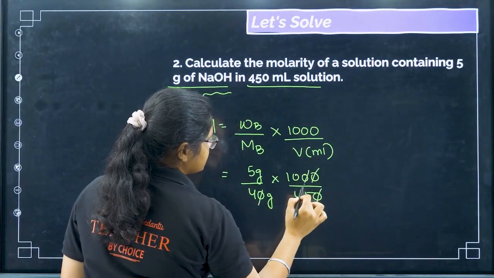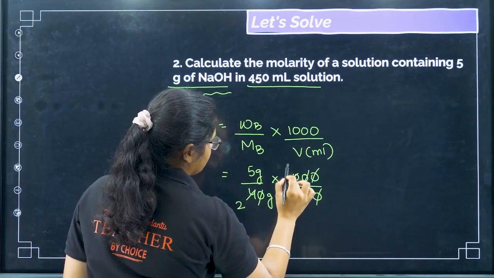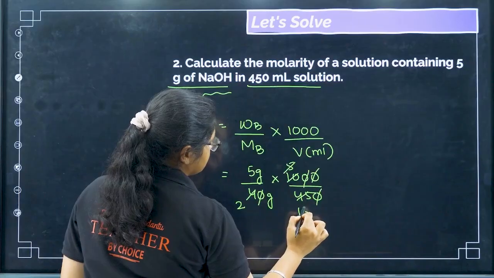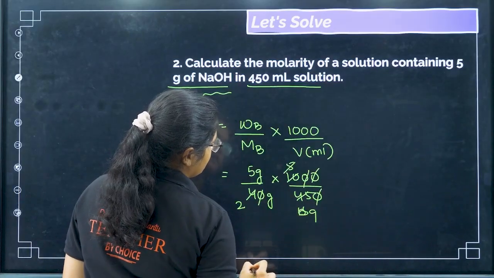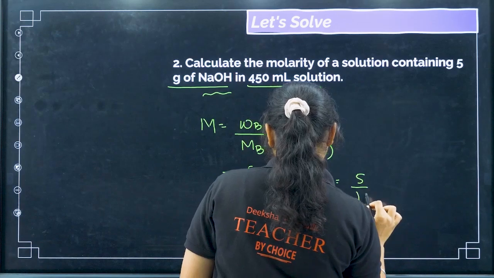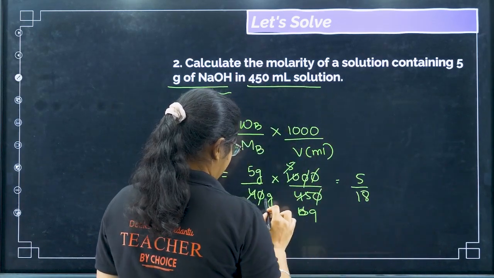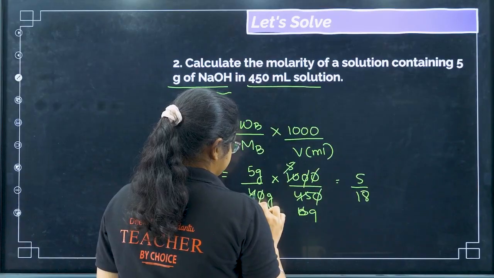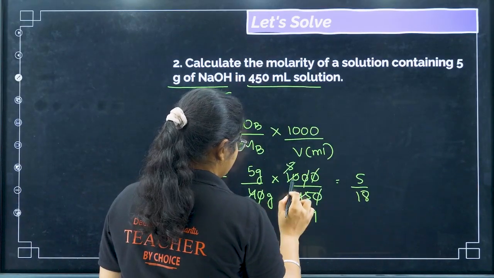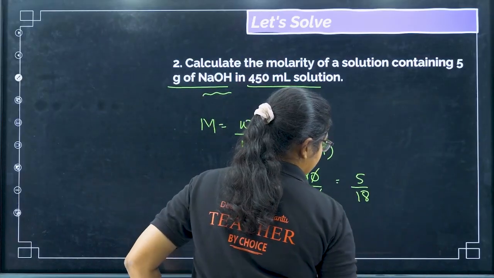We can cancel this. 2 2s are 2, 2 5s are 10, 5 1s are 5, 5 9s are 45, so I will be getting 5 by 18.